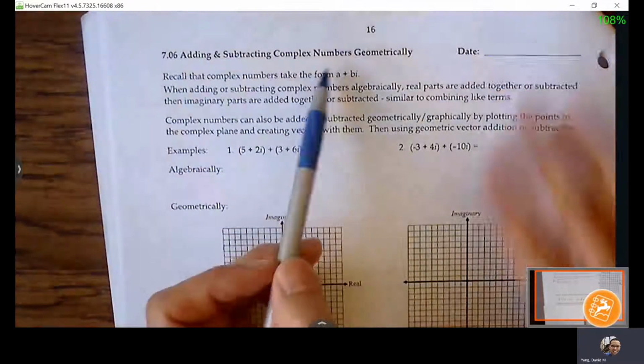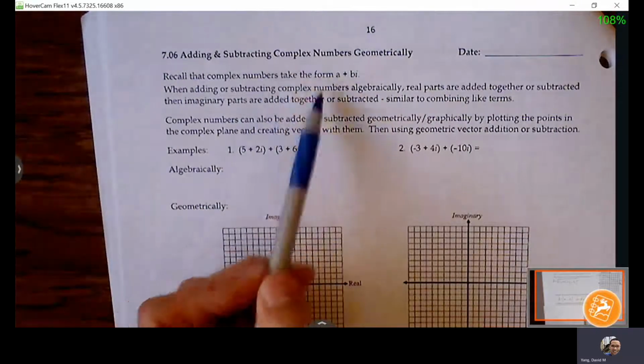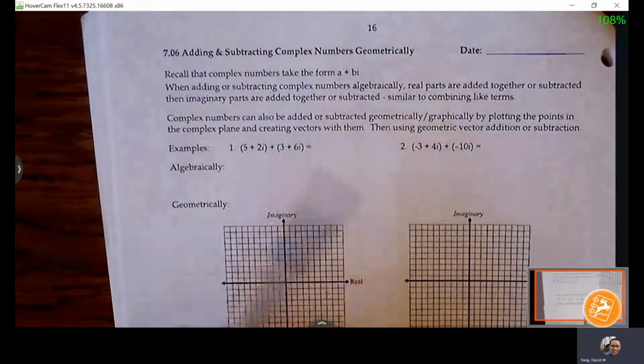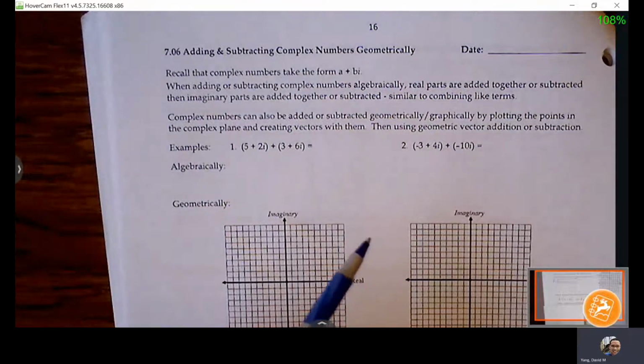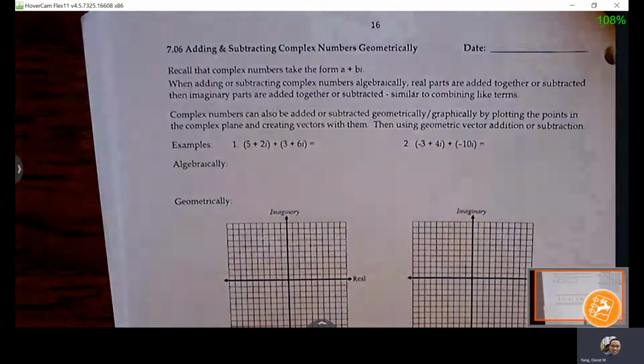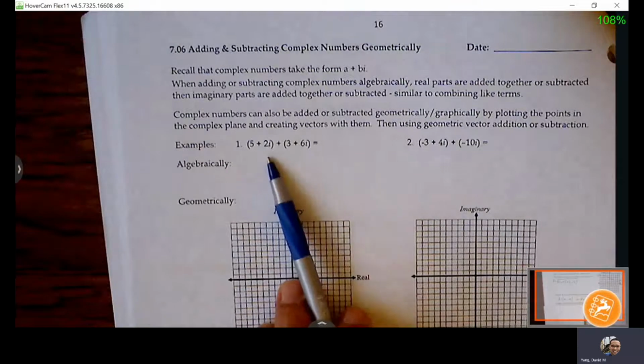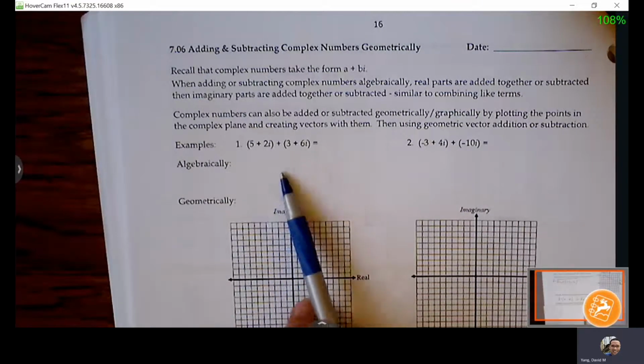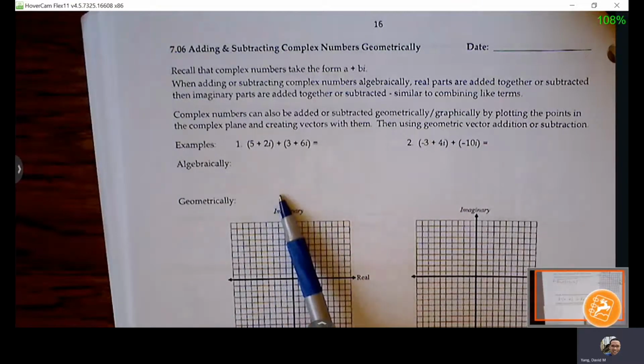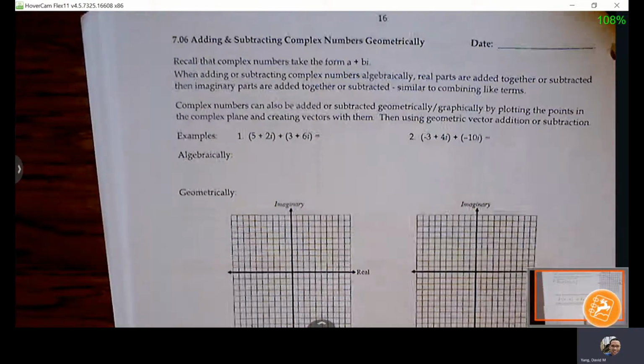Adding and subtracting complex numbers geometrically. I think you'll find this pretty easy because we've seen it from the vector unit. We're just adapting it to complex numbers. So we're going to do this both algebraically and geometrically, and you'll have to do one of these on the check-in quiz tomorrow. So this is the fourth problem that you're going to see.